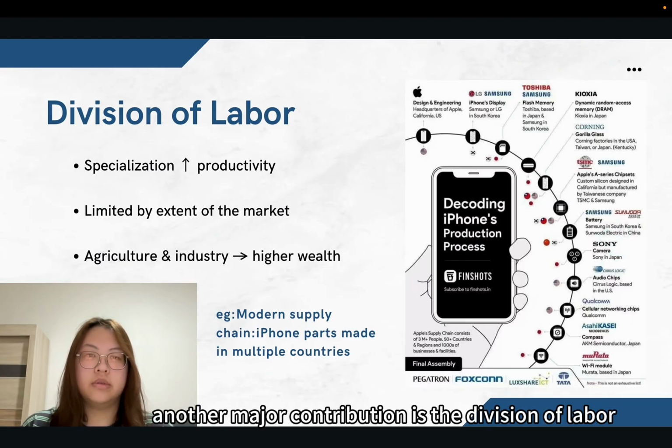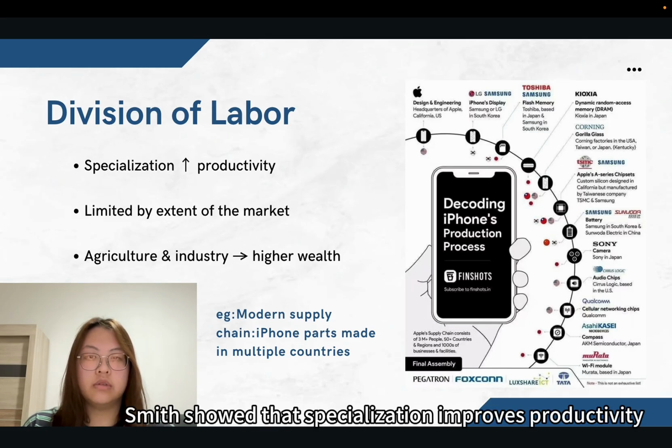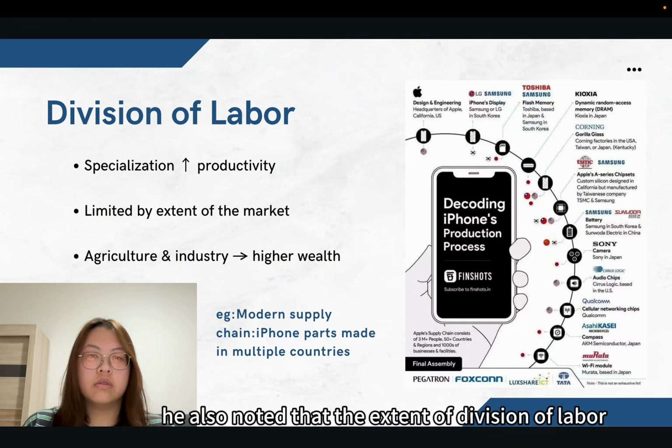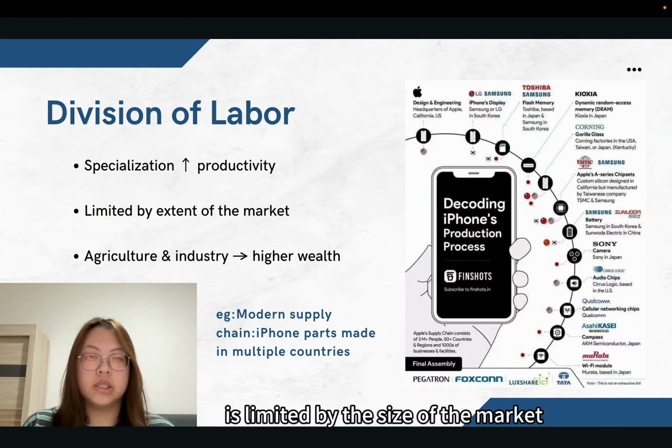Another major contribution is the division of labor. Smith showed that specialization improves productivity because workers become more skilled at specific tasks. However, he also noted that the extent of division of labor is limited by the size of the market.